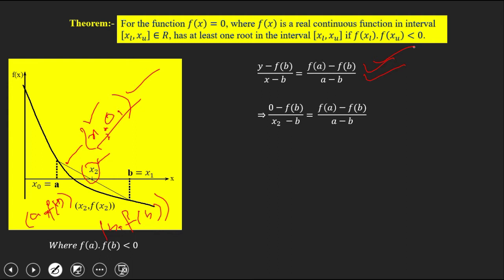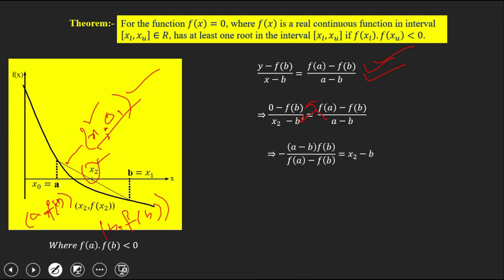We will get 0 minus f of b divided by x2 minus b is equal to f of a minus f of b divided by a minus b. After cross multiplication, taking this term to this side and this term to that side, what will we get?